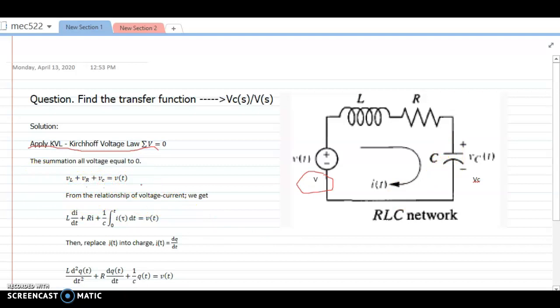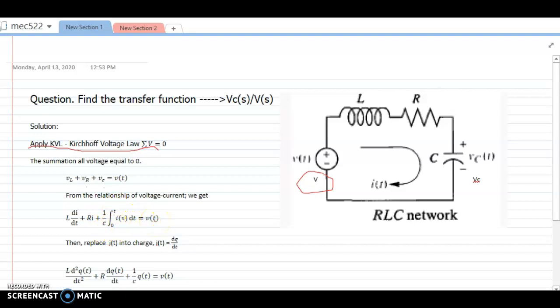For this equation, you find the relationship between voltage and current. Based on the previous table, you get L di/dt plus Ri plus 1/C integral from 0 to t of i(t) dt equals v(t).